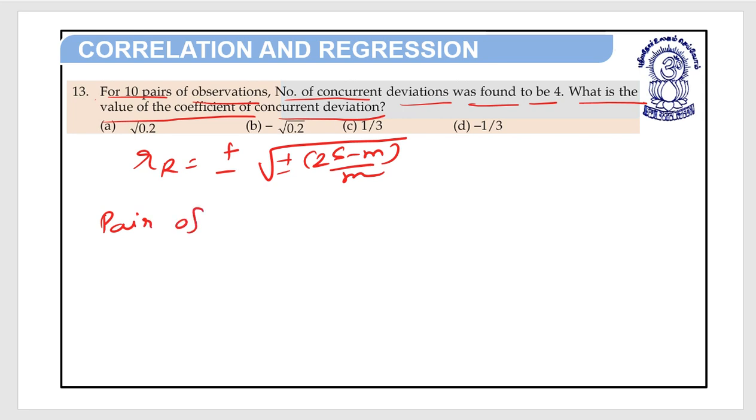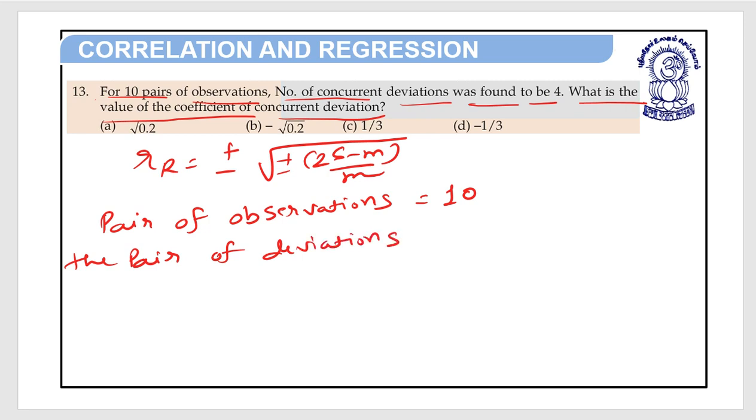Pairs of observations is equal to 10. The pairs of deviations is equal to m. So m is equal to 10 minus 1 is equal to 9.